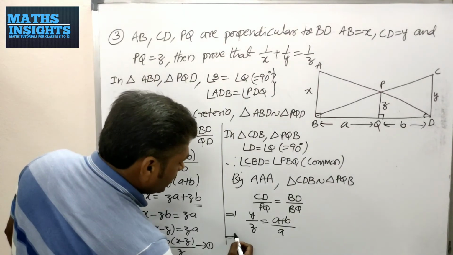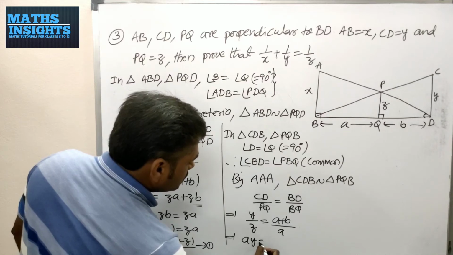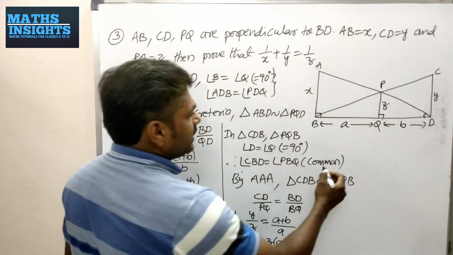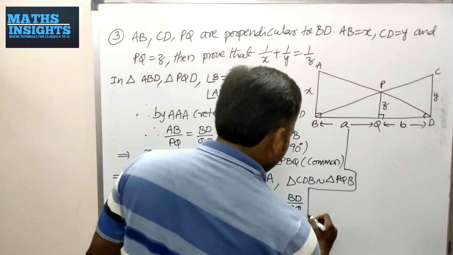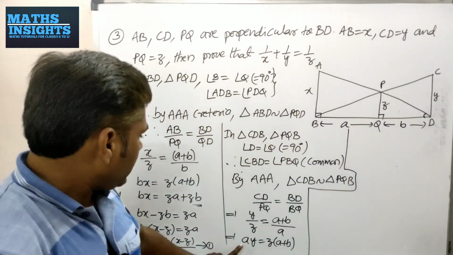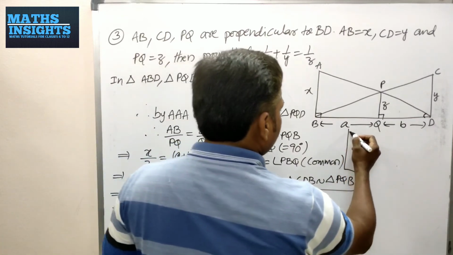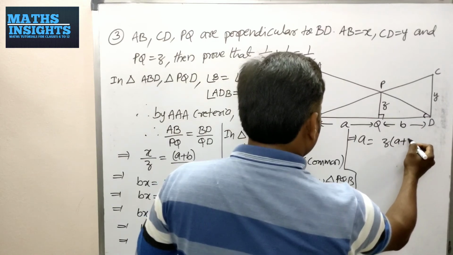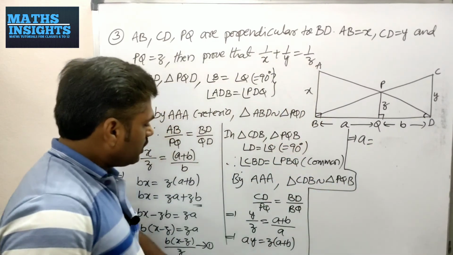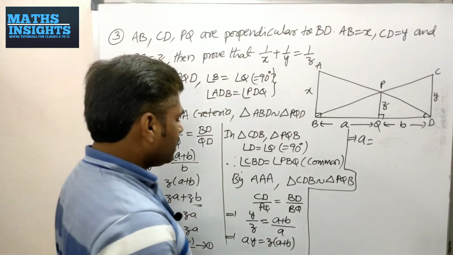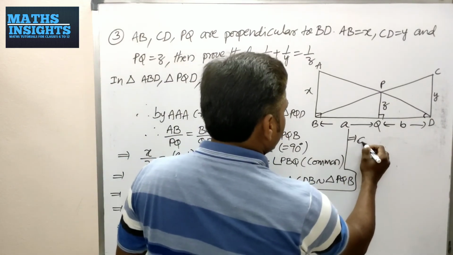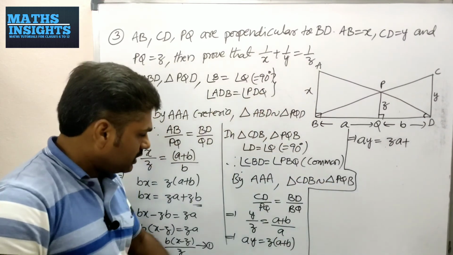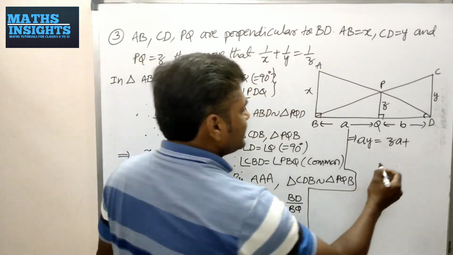In this case, I am cross multiplying. A into Y is AY, therefore Z into A plus B. Z into A will become ZA, and Z into B will become ZB.